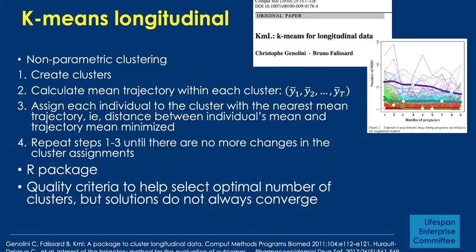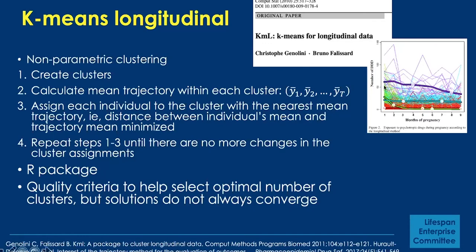These 3 steps are repeated iteratively until there are no more changes in cluster assignments. And there's a really nice R package called KML that can be used to do this. There are quality criteria that can help select the optimal number of clusters, but one drawback is that the solutions do not always converge. In fact, when I've used this approach, they usually don't converge. And so we'll talk about that later as a limitation.